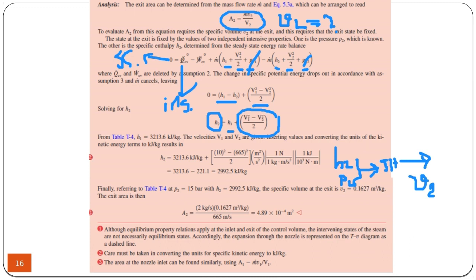Once you find V2, you can calculate the area at the exit, which is 4.89 times 10 to the minus 4 square meters. So it's enough to know the specific volume to calculate the area if you are given the mass flow rate as well as the velocity.